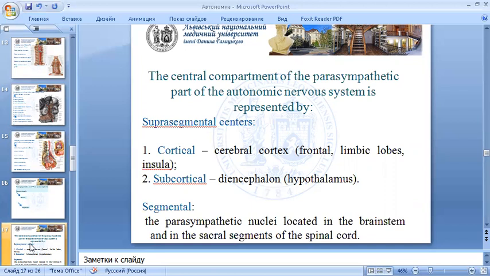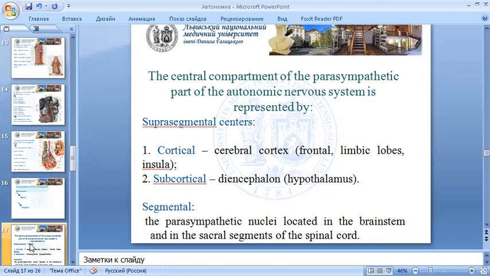And the central compartment is also represented by the segmental centers. So suprasegmental: cortical, the cerebral cortex of the frontal lobe, limbic lobe, insula; subcortical, the diencephalon, and mainly we say it is the hypothalamus.